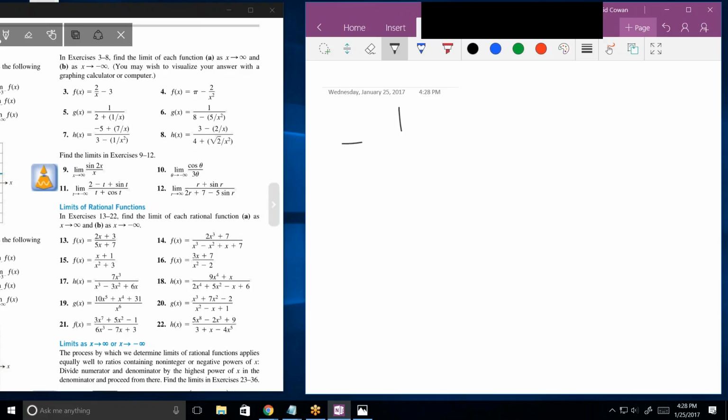All right, the next one. In fact, these are actually easier to do algebraically than they are graphically. I'm noticing that. What does this go to as x goes to infinity? 1 over 2, 1/2. And how about negative infinity? 1/2. Okay.